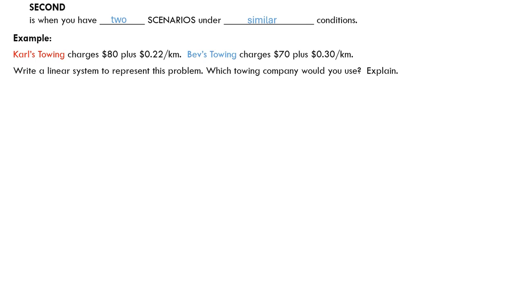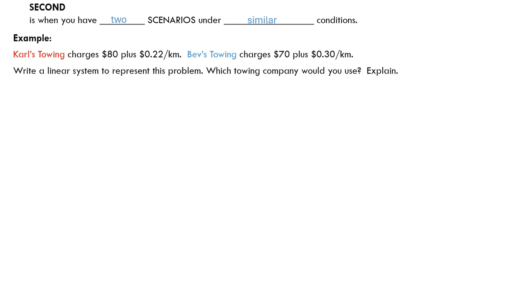In this example, we have two scenarios under similar conditions. Carl's towing charges $80 plus 22 cents per kilometer. Bev's towing charges $70 plus 30 cents per kilometer.